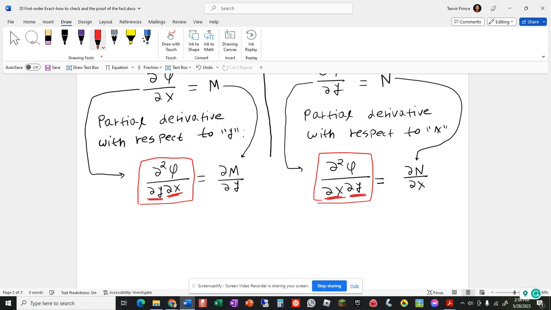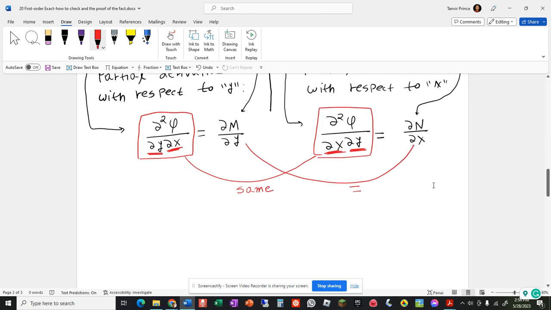So these two are actually the same according to the mixed derivative theorem that you learned in calculus 3. So if those two are the same, of course these two must also be equal to each other. In other words, the partial of m with respect to y should be equal to the partial of n with respect to x.